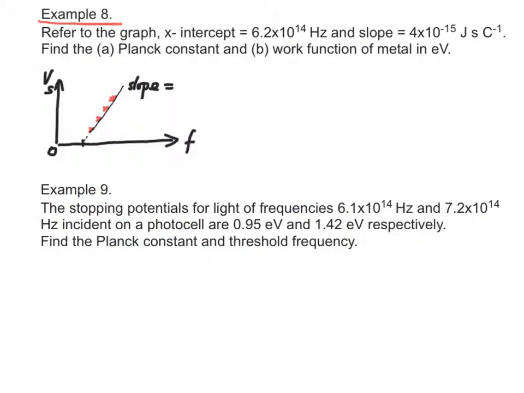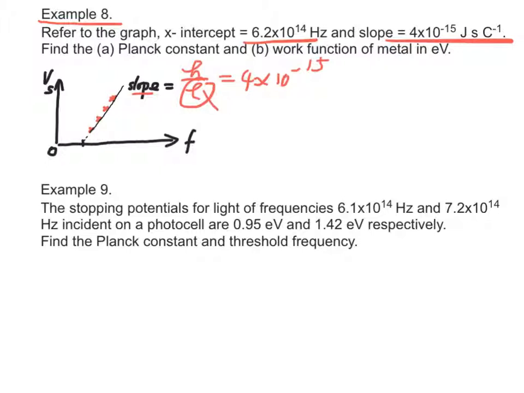Example 8. The slope of the graph equals h over e, equal to 4 times 10 to the power negative 15.